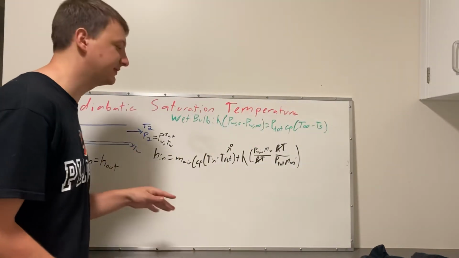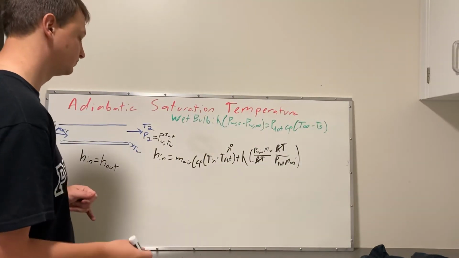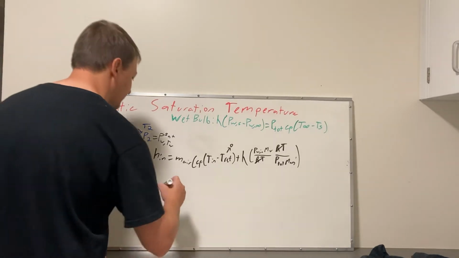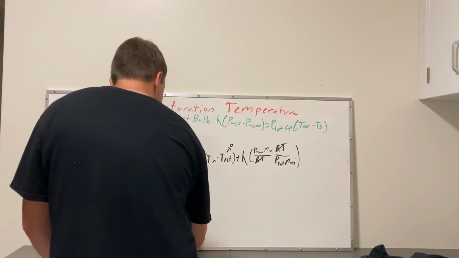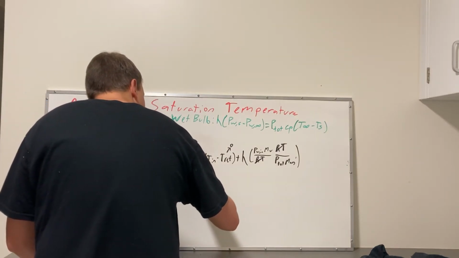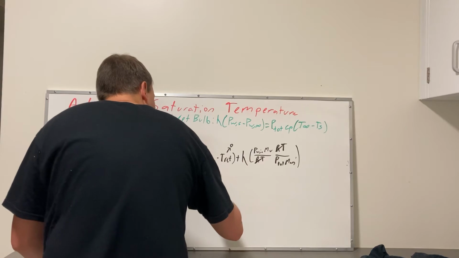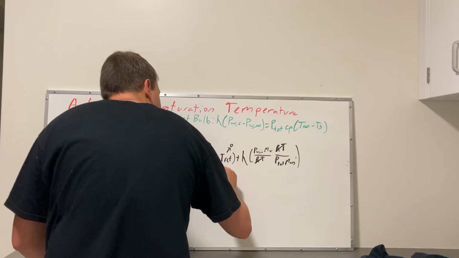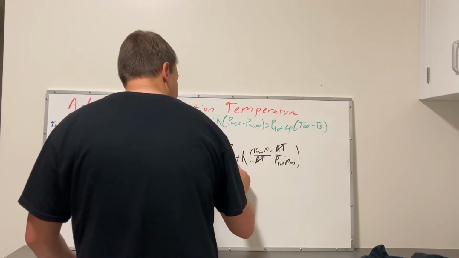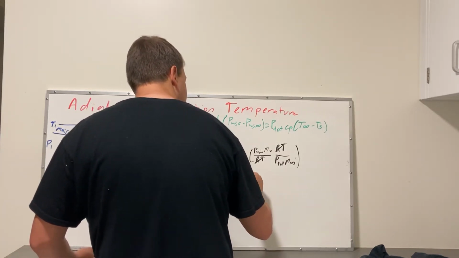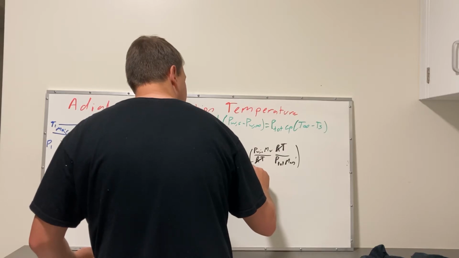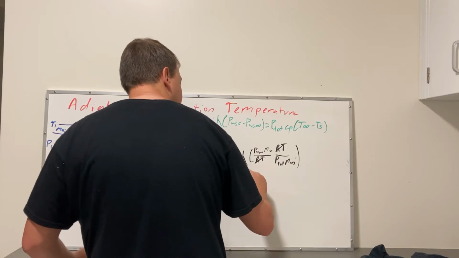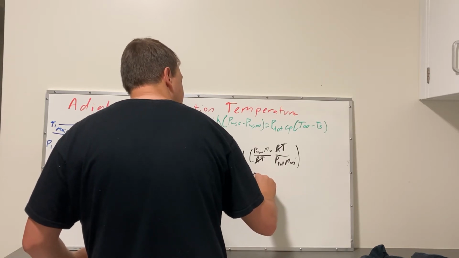I won't waste time rewriting that. Actually, I will rewrite it: enthalpy in equals mass flow of air times the heat capacity times temperature in, plus heat of vaporization times pressure in times molecular weight of water, over total pressure times average molecular weight.